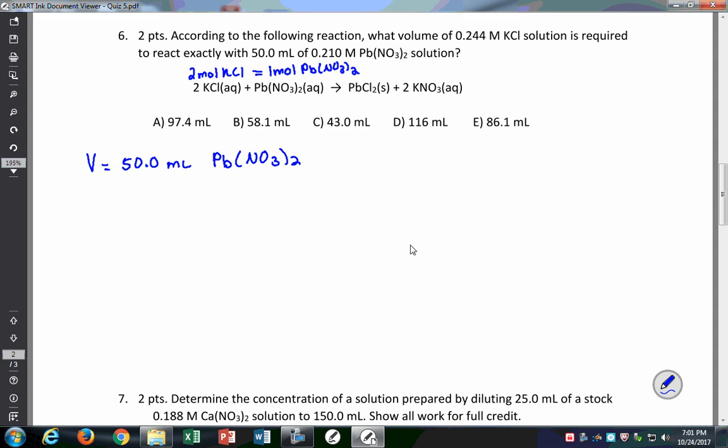I have some water, don't care about the water. And then I have a certain amount of PbNO3 molecules. The question is, how many moles of PbNO3 do we have in this solution? The only way we know that is if we know our concentration. Our concentration tells us that we have a 0.210 molar PbNO3 solution. Molar means moles per liter.